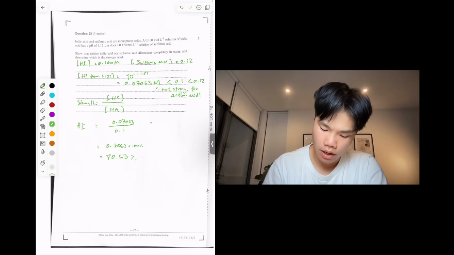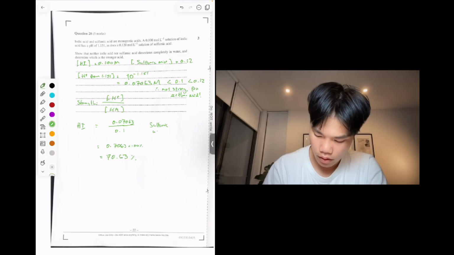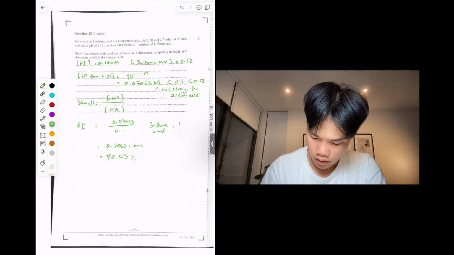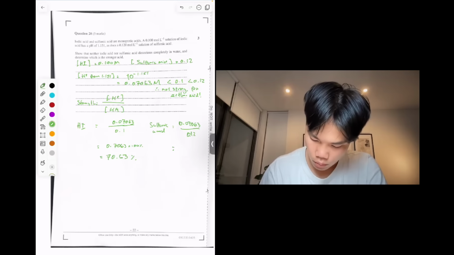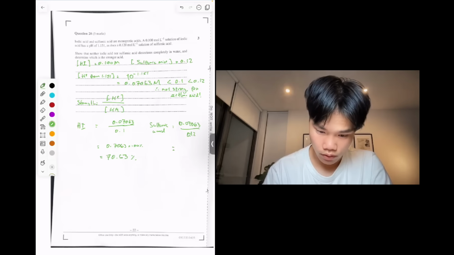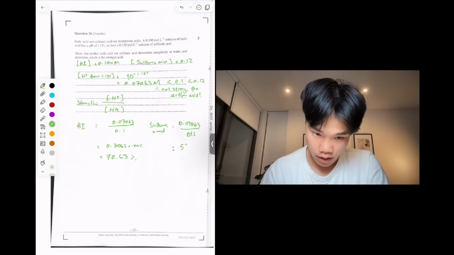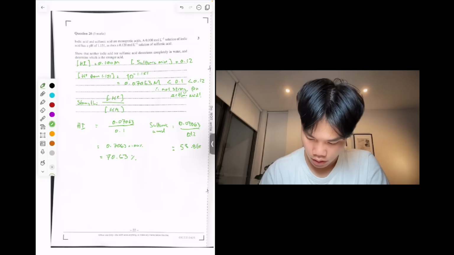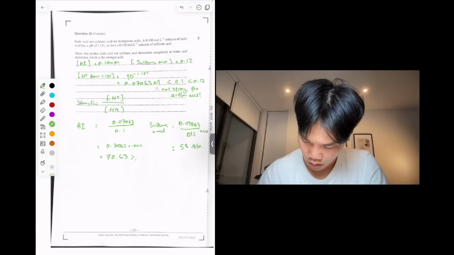And for sulfamic acid, I'll just put it as sulfamic acid. This is 0.07063 divided by 0.12, which is equal to 0.07063 divided by 0.12 gives you instead 58.86% if you multiply by 100% as well.